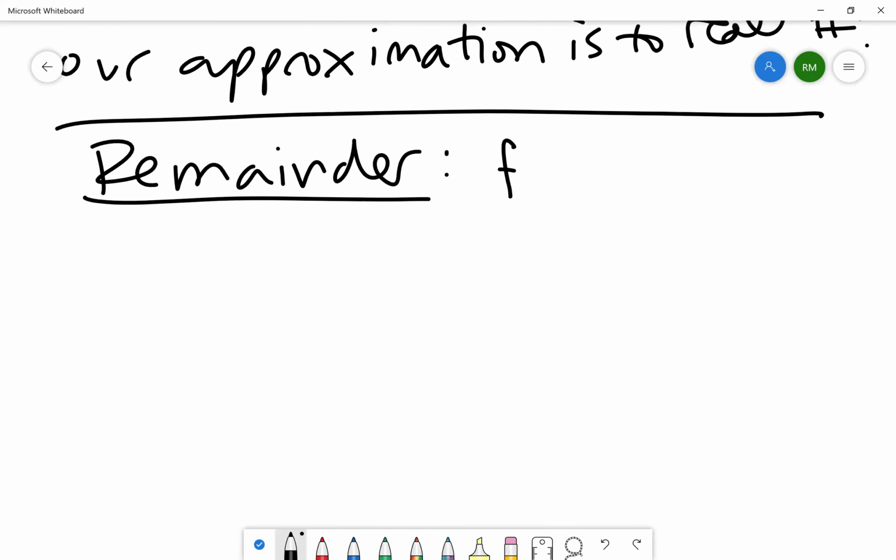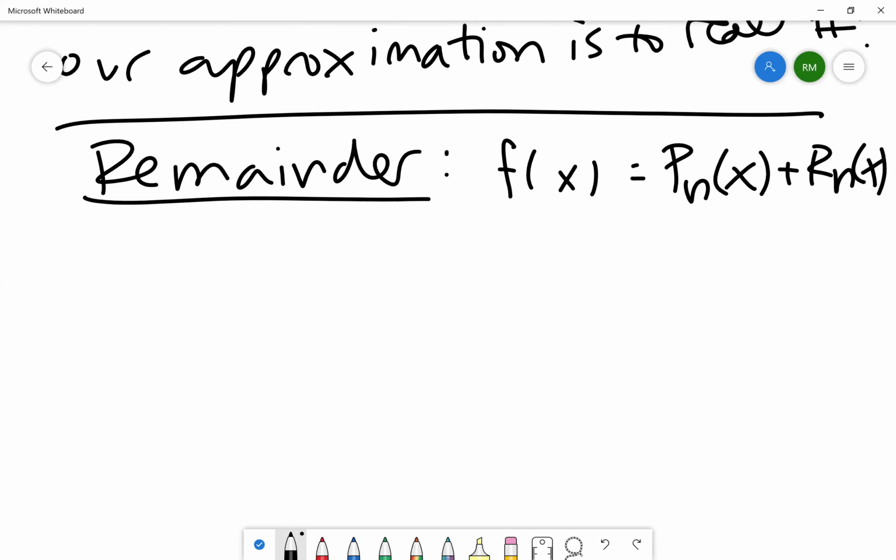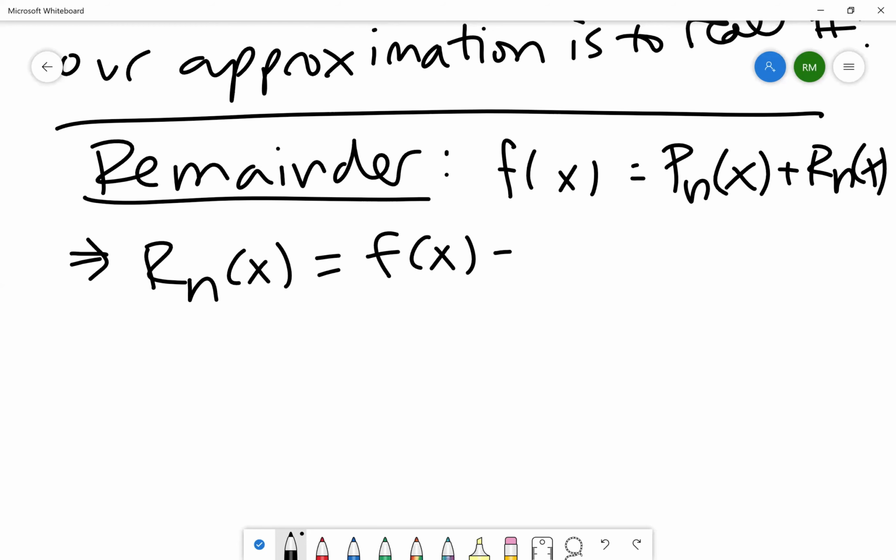So if I have my function f that I'm approximating by a polynomial p of n, the remainder is simply equal to my function f minus my polynomial. The remainder is how far off am I?